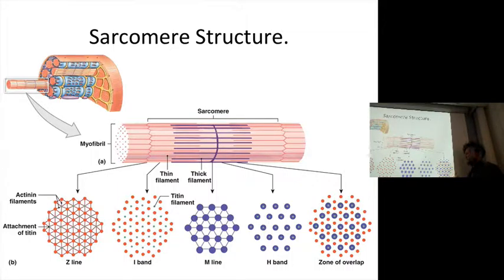So any thick filament is going to be surrounded by 6 thin filaments in this zone of overlap here. And this is the important part. The zone of overlap, as I said, is where the actual chemical reaction that's going to lead to contractility of the muscle takes place.